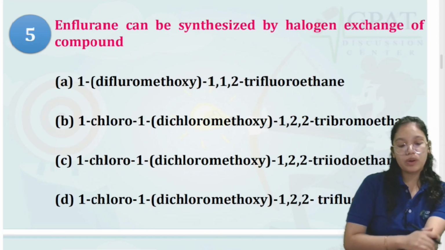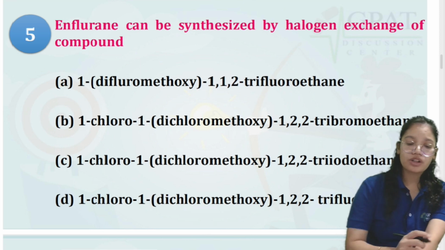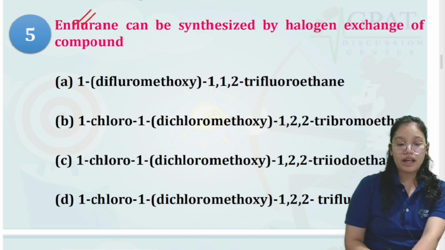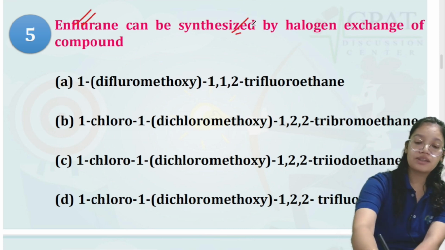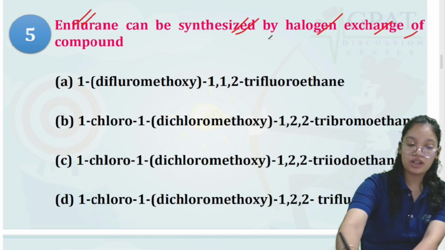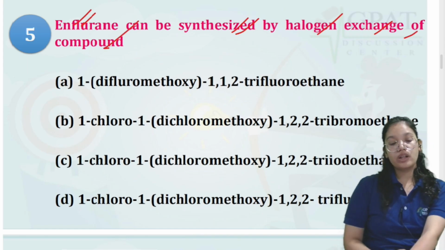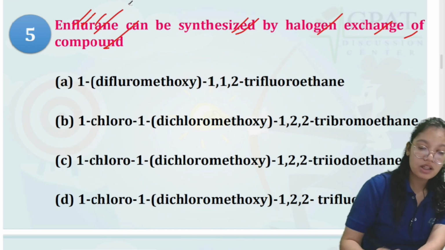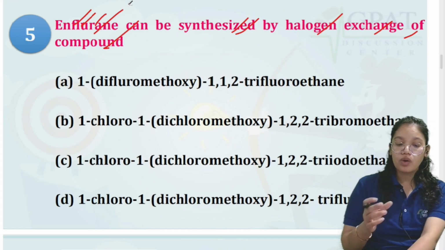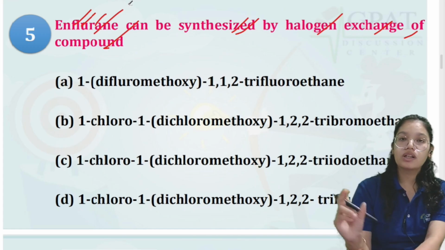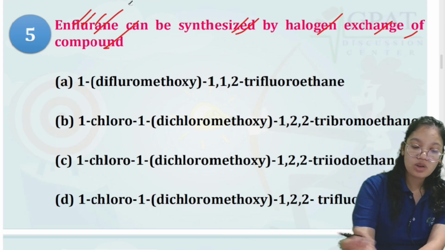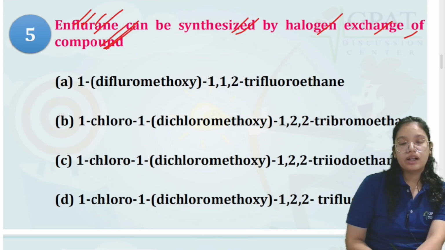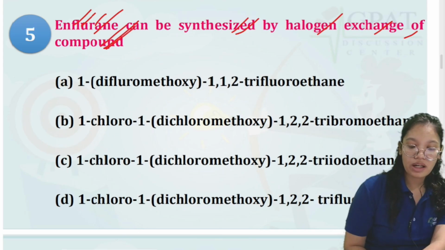Now next we again have a question on enflurane. It says enflurane can be synthesized by halogen exchange of compounds. So they have asked the question from the synthesis of enflurane. During the synthesis, whenever there is a halogen exchange, what compound does it form? They are asking about that.